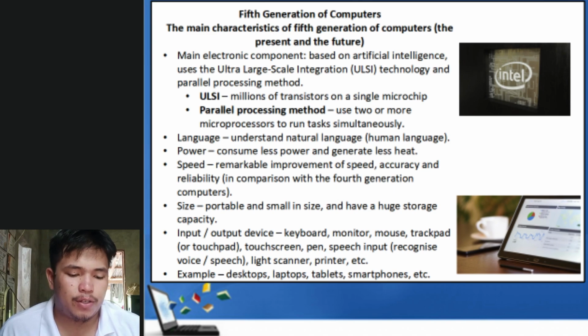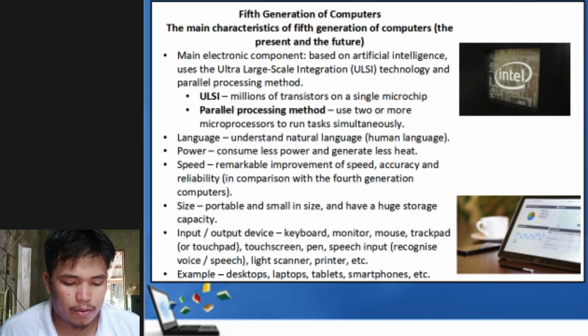The fifth generation of computers. The main characteristics of fifth generation computers, the present and the future.